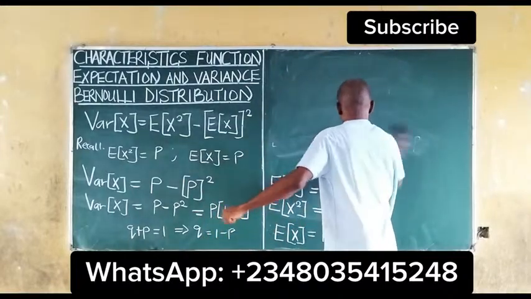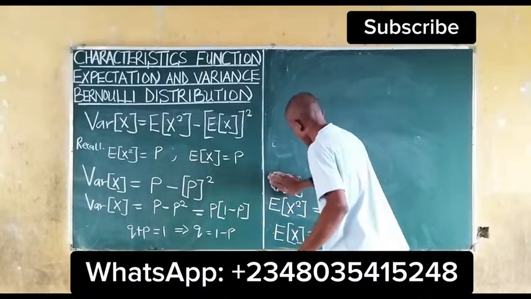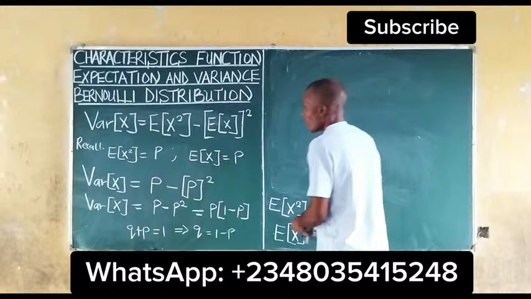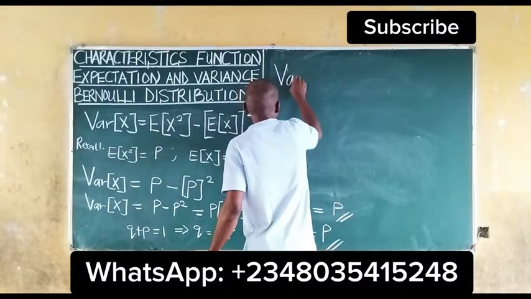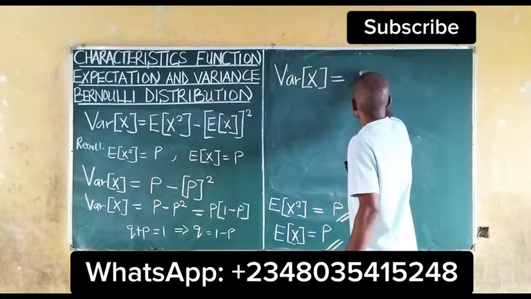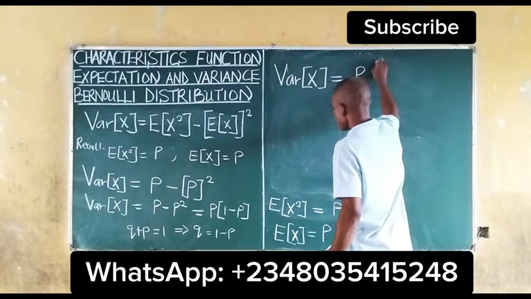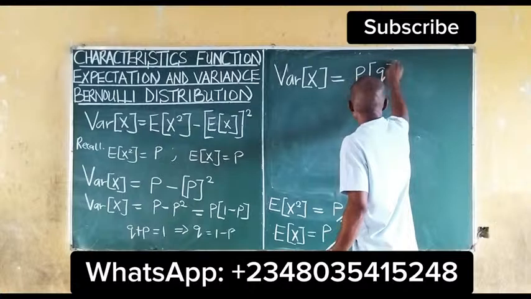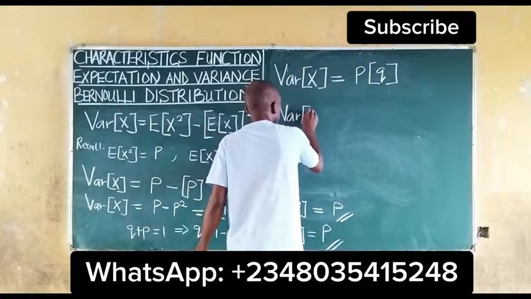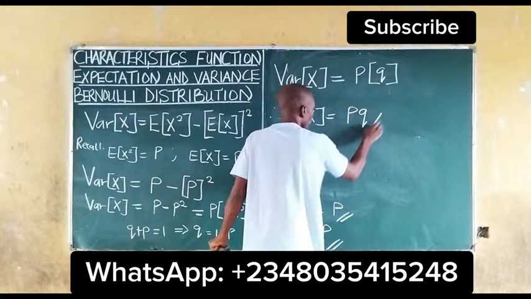So we can now write our variance of X properly as pq. Therefore, our variance for the Bernoulli distribution will give us pq.